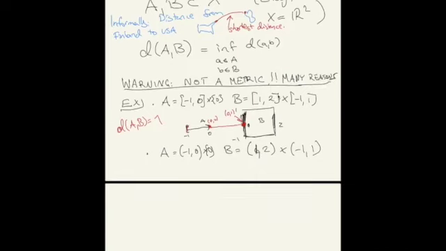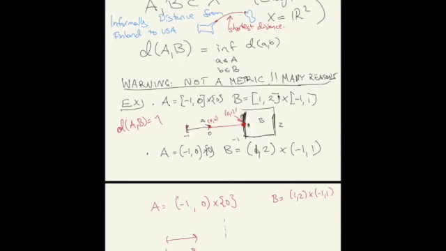Now, if you took away these endpoints, so in this second example, and this is the issue that I want to talk about more, if you took away these endpoints, so you replaced A by this open interval times 0, you took away the boundary from B, so you made it the open interval (1, 2) times (-1, 1). And what you get is, well, you have the interval from -1 to 0 times 0, so this is on the x-axis.